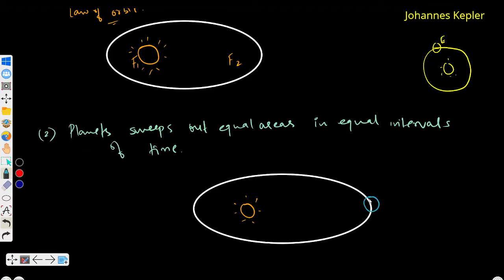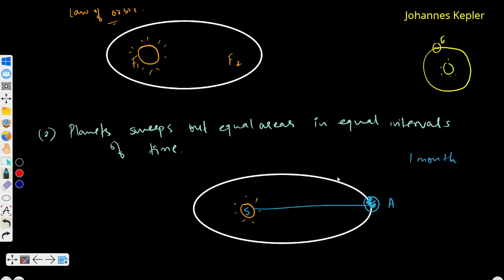Let's say the planet is at this position, point A. Now, according to Kepler, the planet will sweep out equal areas in equal intervals of time. So if I mark the position of the sun as S, I will join the sun and the planet using a line. Now, let's say I take the time as 1 month.